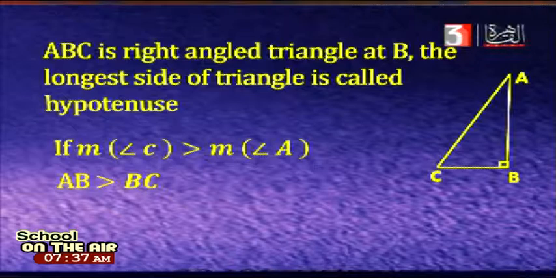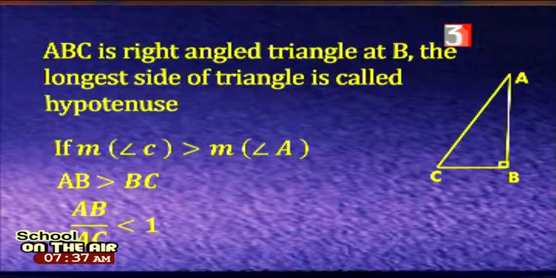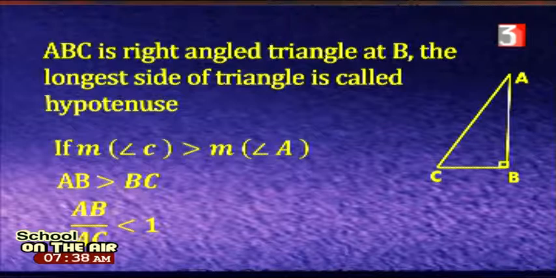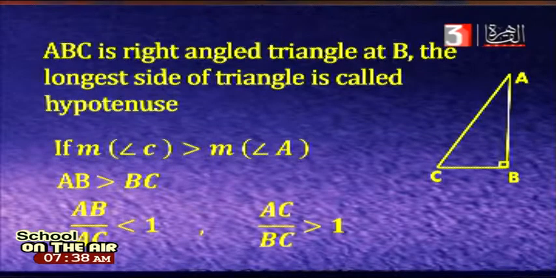If you have the ratio AB over AC, it is going to be less than 1, as a small value over a big value, the value will be smaller than 1. But what about AC over BC?